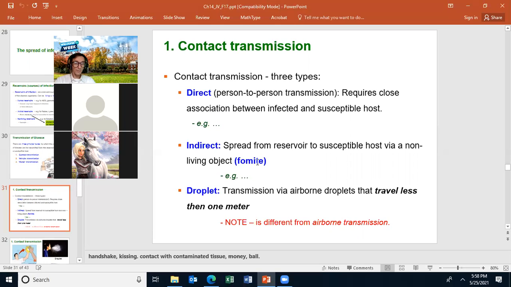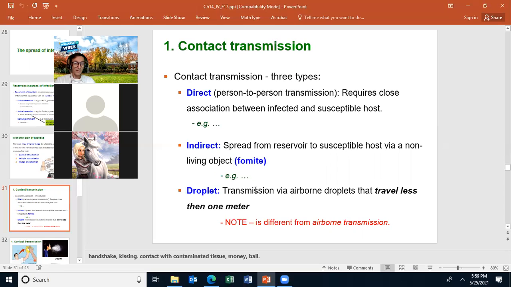And then the individual picks it up on their hands, and then if it's the flu, inoculates one of the mucous membranes of their face. Another example of indirect transmission is where contaminated money, or a baseball, which I'll show you in a little bit, spreads the disease from one patient to another. Any question about indirect transmission?